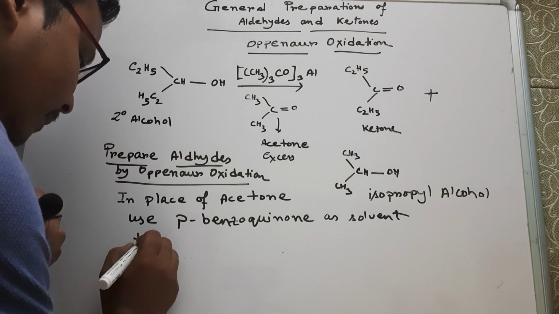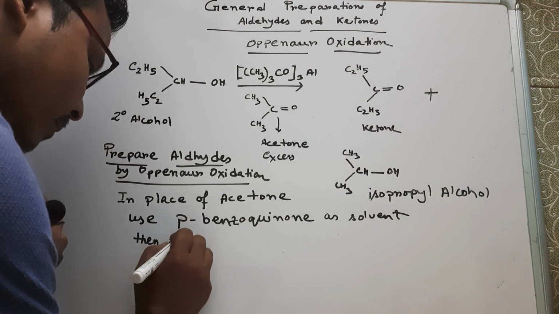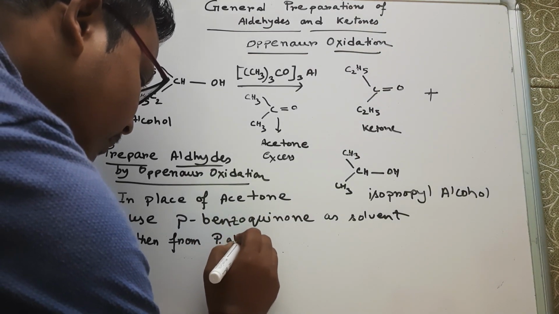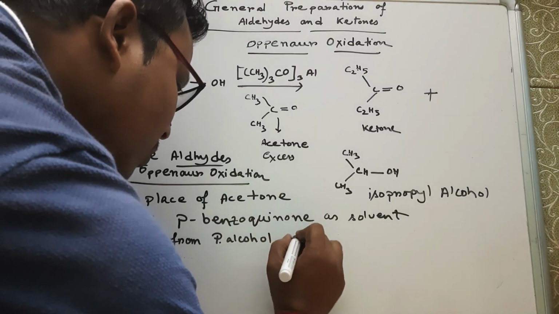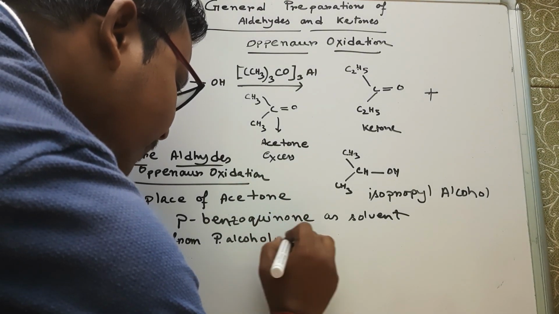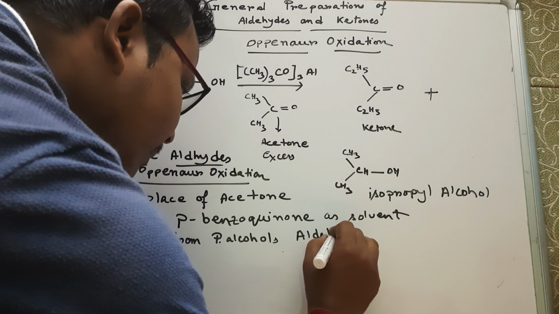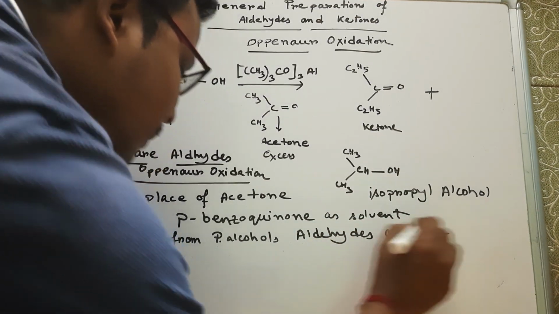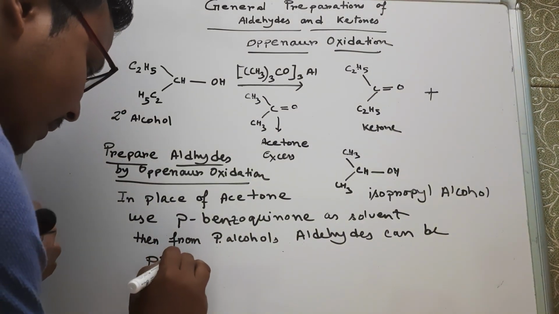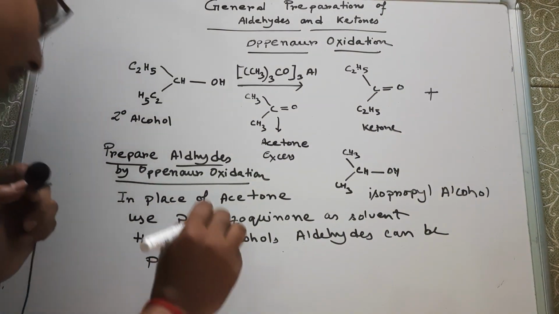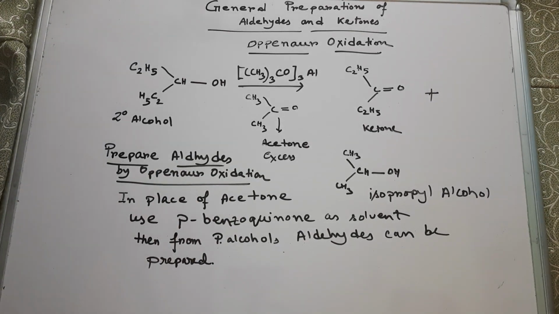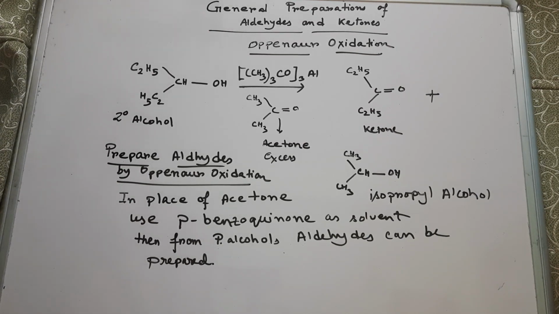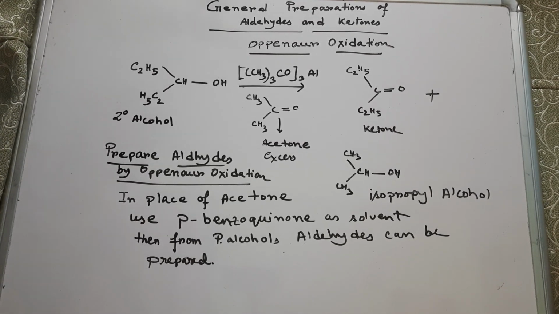Then from primary alcohol, aldehyde can be prepared. This kind of tricky question may be asked in your entrance exam after class 12. So this is a very typical example.